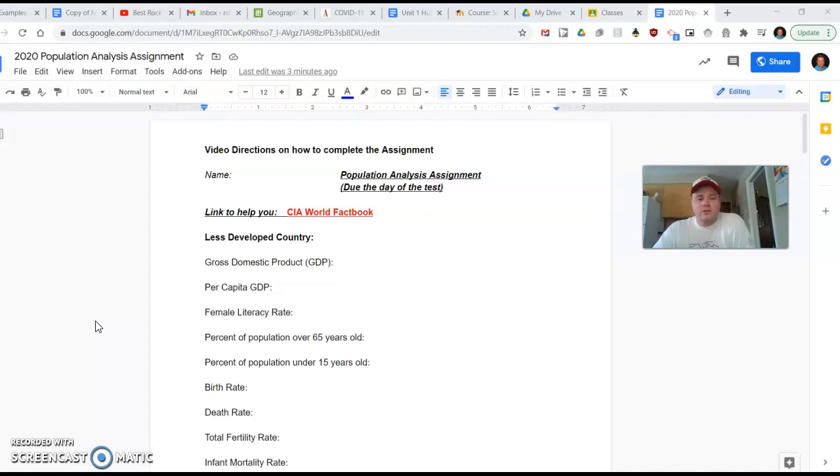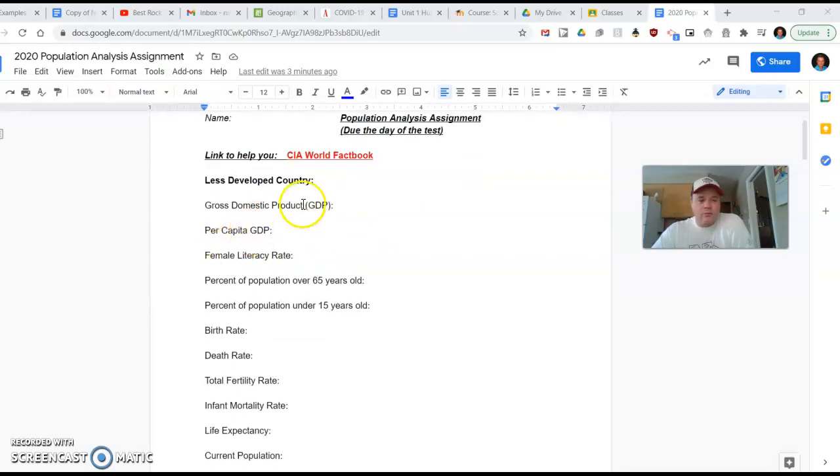Those are all pretty much considered to be more developed countries. If you were looking at Honduras or Haiti, countries like that would be considered less developed. So basically, you're trying to find a wealthy country and a poorer country that you're going to compare here. And you're going to be looking for statistics.